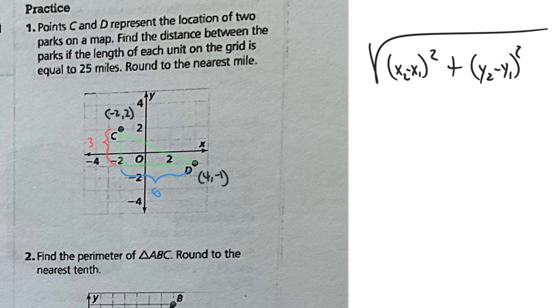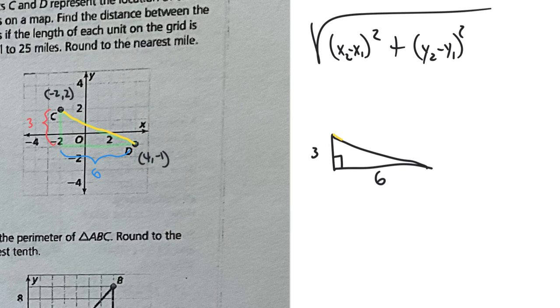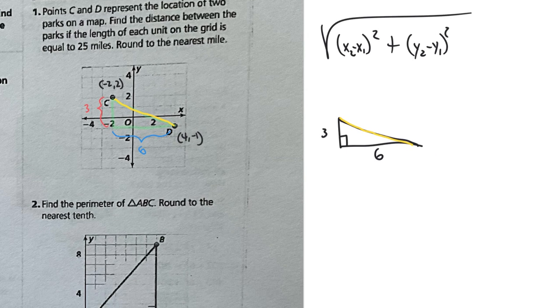So we're just dealing with a right triangle where that's 3 units long and that's 6 units long. And we want to know what is this yellow distance, that straight line distance between the two parks.